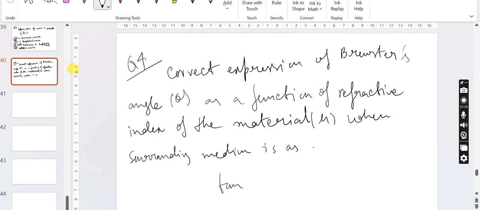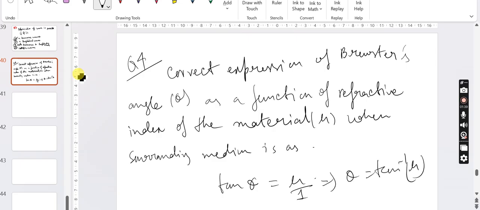We all know tan theta is mu by 1. So that would be theta is equal to tan inverse mu.